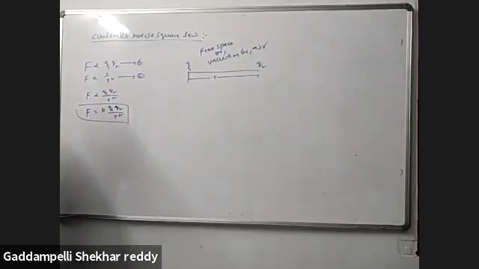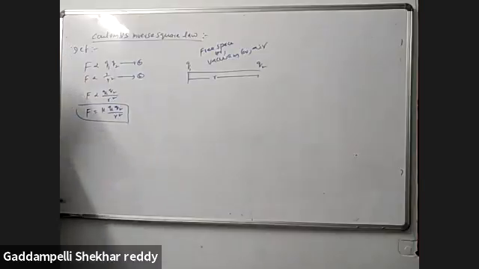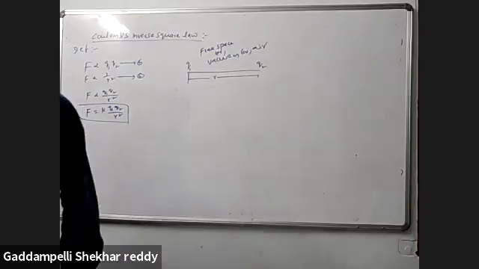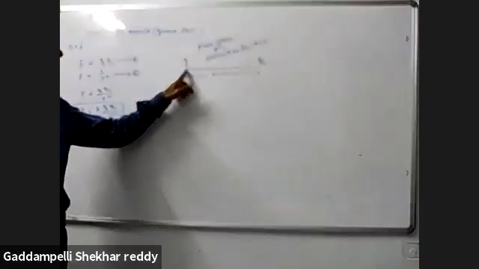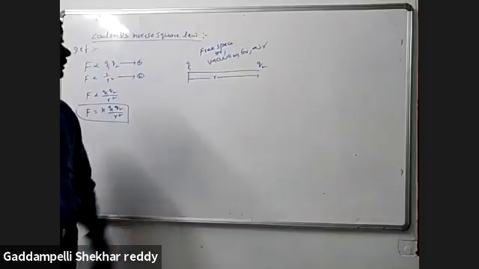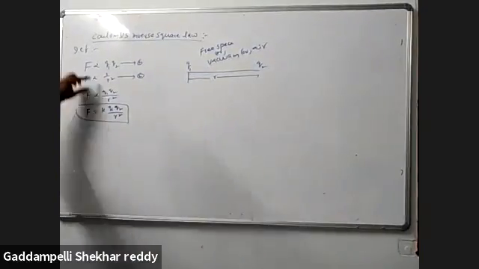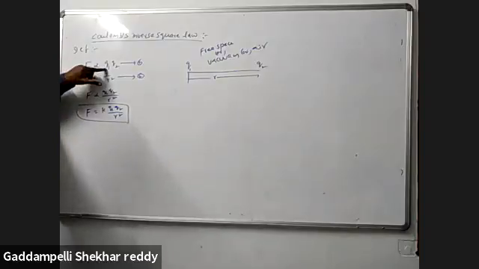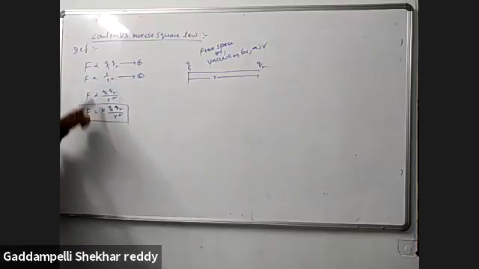Once again, the definition, which you should compulsorily write. The force between two point charges separated by a certain distance in free space or vacuum or air is directly proportional to the product of charges and inversely proportional to the square of the distance between them.